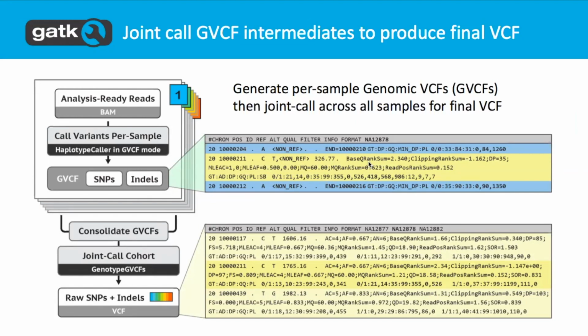Now, that variant becomes interesting if every other sample in your cohort has good, high-quality reference information. So now you know that in every sample, that region was well covered and has good depth, but in one sample, that variant is seen and it's not seen in the other samples.